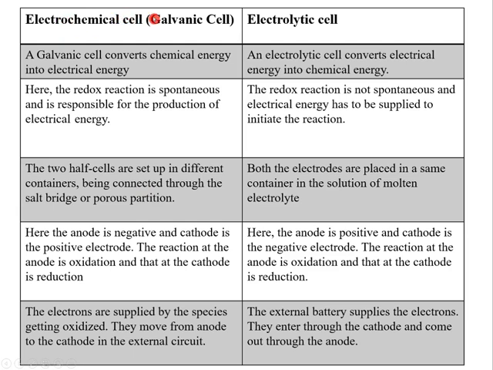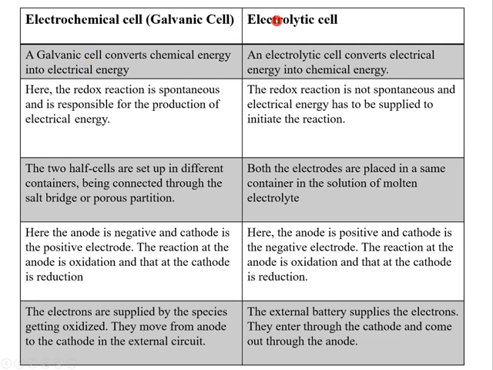Galvanic cell, or electrochemical cell, versus electrolytic cell. A galvanic cell converts chemical energy into electrical energy because it's a spontaneous reaction. So the reaction will take place on its own, and chemical energy will be converted into electrical energy.